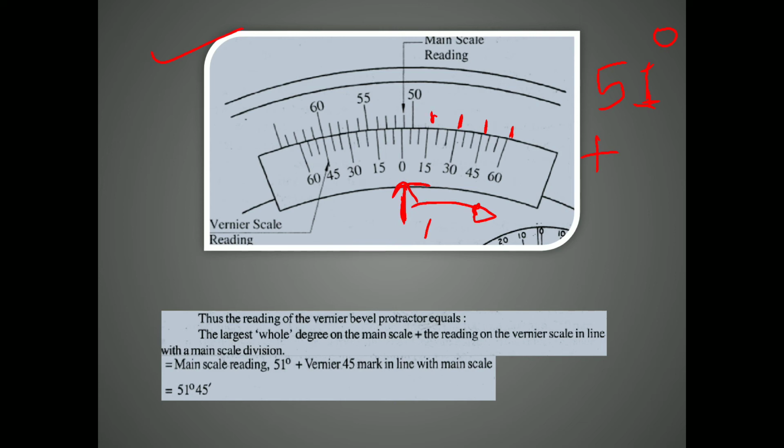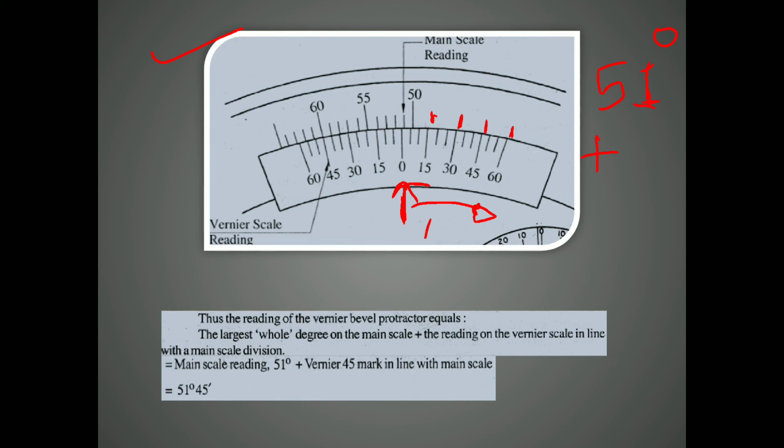As we have seen in linear measurement, we have to take into account the line of the vernier scale matched with the main scale, and that line, the product of LC and reading, gives you the vernier scale reading.